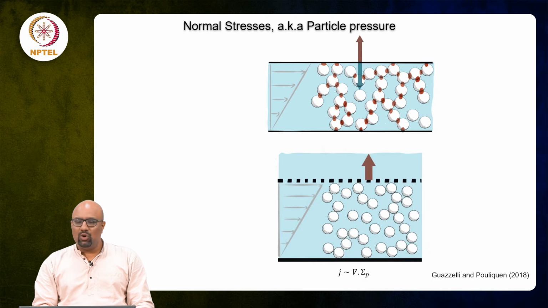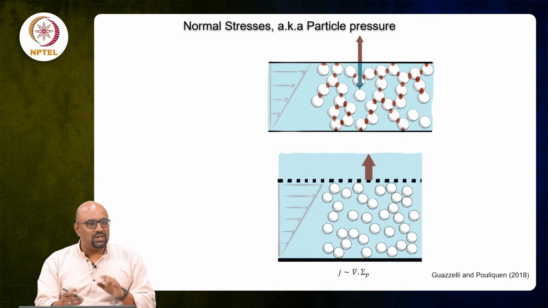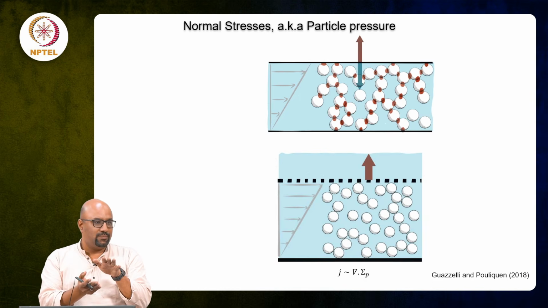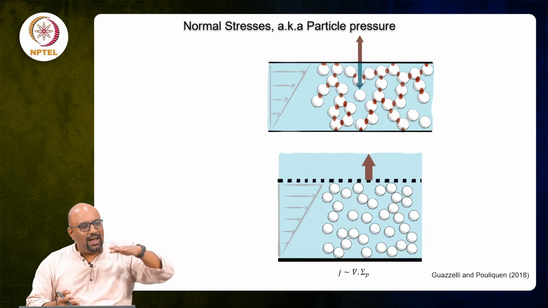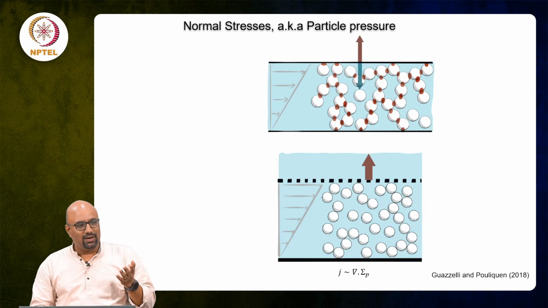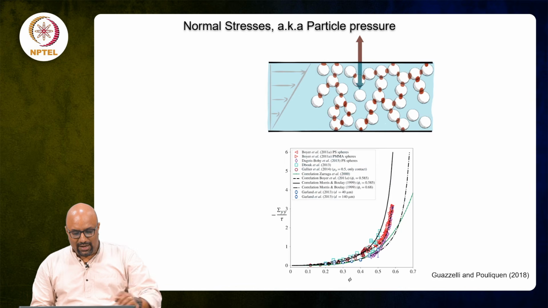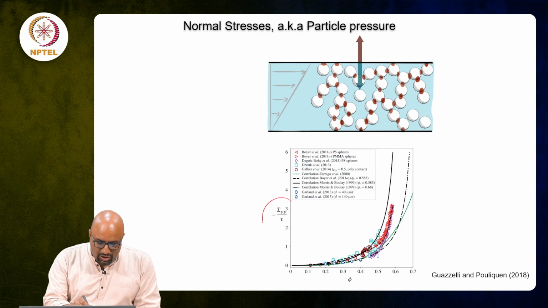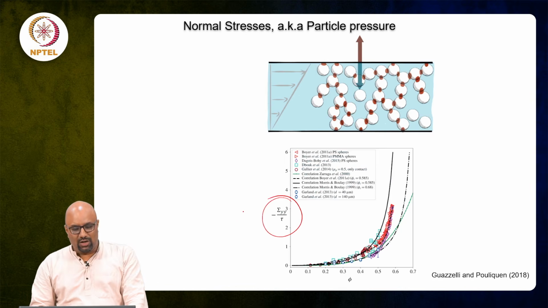So, you can do this experiment, what is known as a pressure imposed rheology. All the other experiments that I discussed, those are shear imposed rheology. Right now you would be applying a fixed pressure and then do the experiment rather than doing a shear imposed rheology. So, doing that, what you observe is you are measuring a particle pressure or a normal stress.